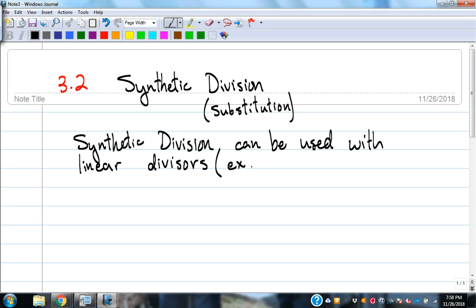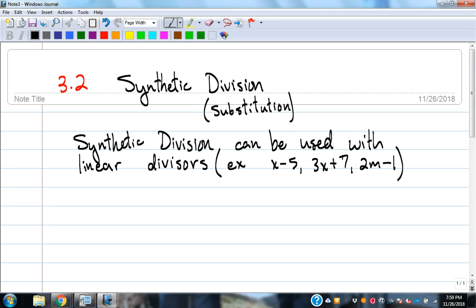Examples of linear divisors are x minus 5, 3x plus 7, 2m minus 1. Those are linear divisors, meaning they don't have an exponent on the variable. Anything with an exponent larger than 1 cannot be used as a divisor with synthetic division. It's got to be a linear divisor to use.